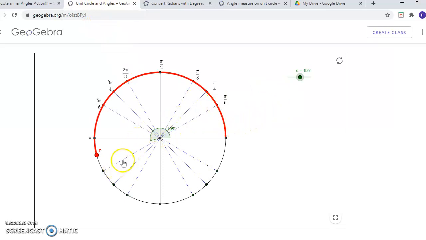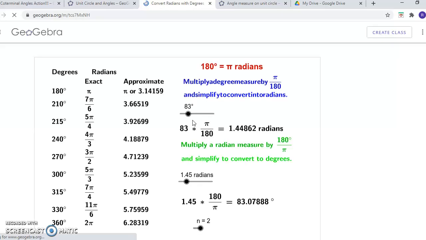So let's have here the conversion, this one first. Converting degree measure to radian measure, all you have to do is multiply it by pi over 180.